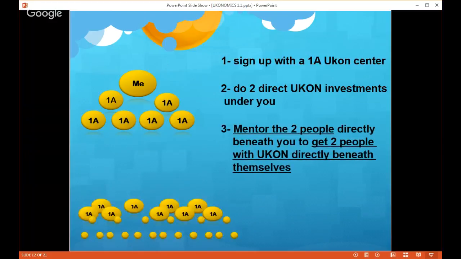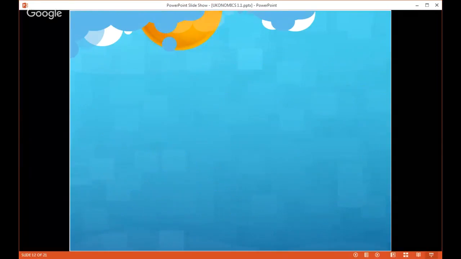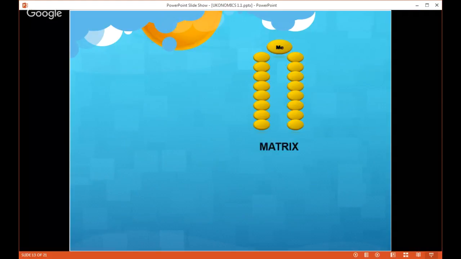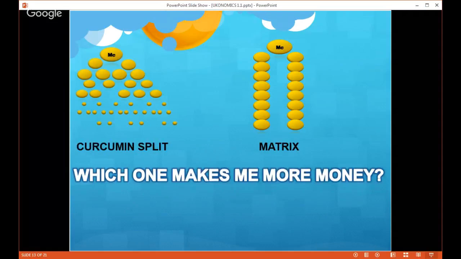By you teaching them how to do it, and they teach their 2 people how to do it, the process is replicated. Okay. So here it is. Which one actually makes more sense here?